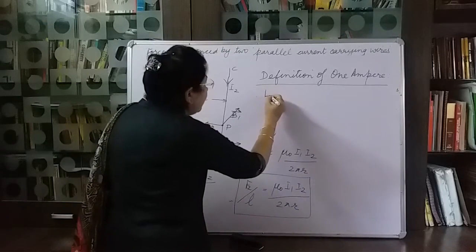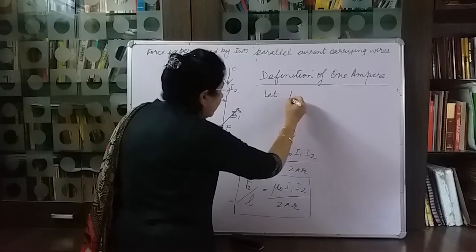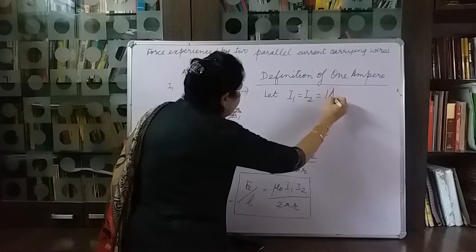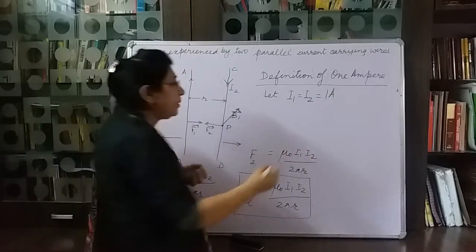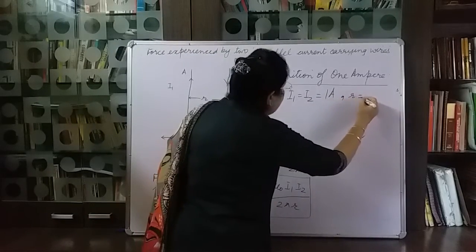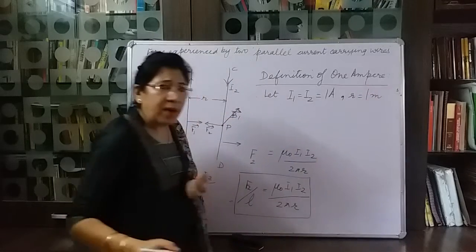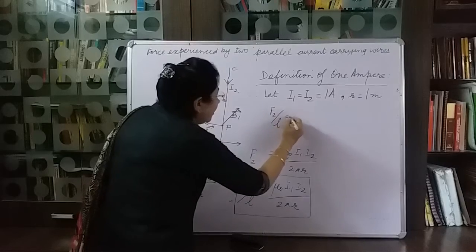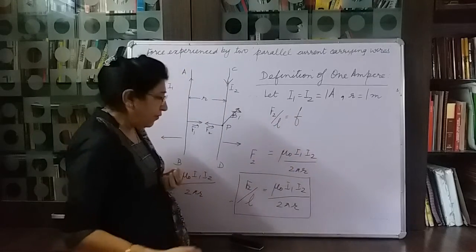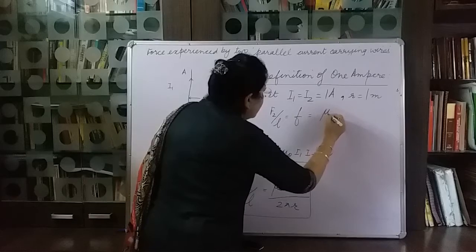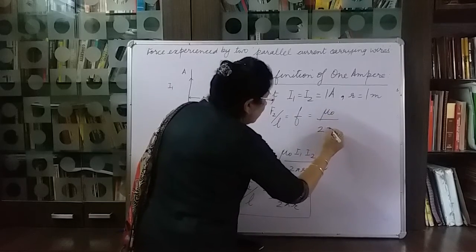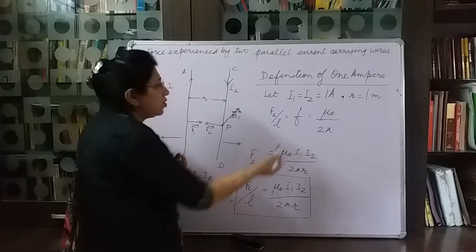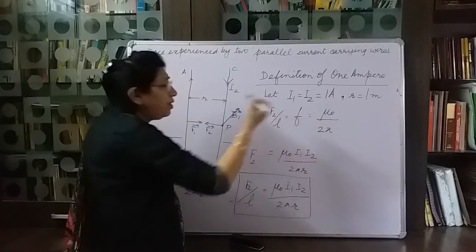Let us substitute here I1 and I2 as 1 ampere and the distance between the wires as unit length, 1 meter. Then the force per unit length, let us represent it by small f, will be mu naught upon 2 pi. I1, I2 are 1, r is 1, so we get mu naught upon 2 pi.